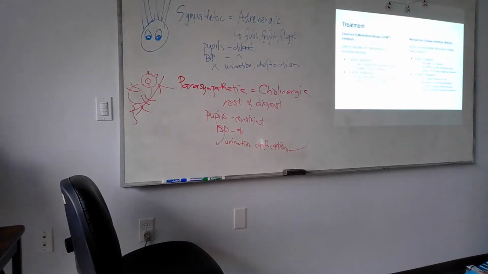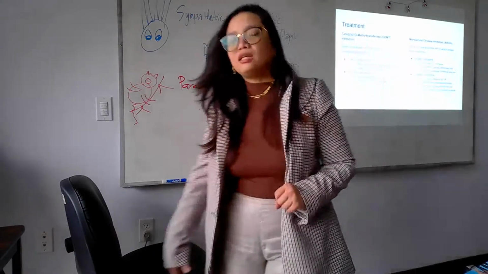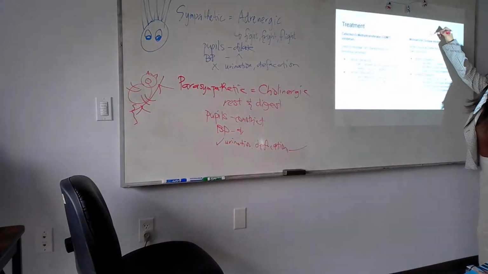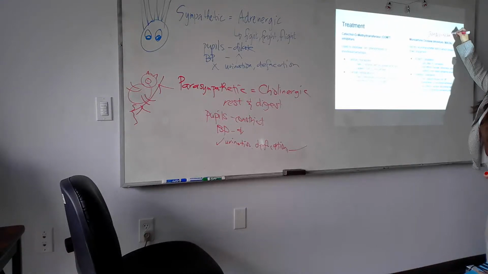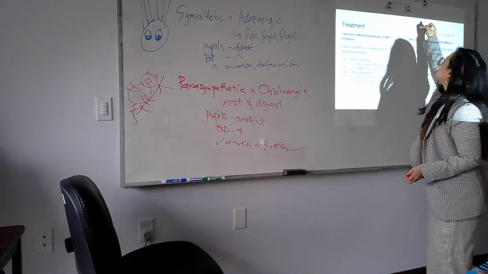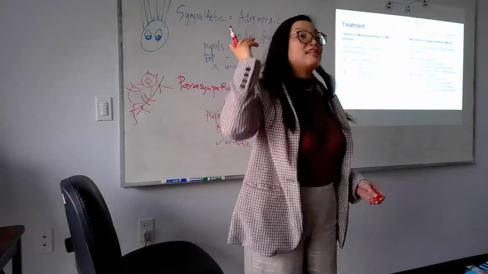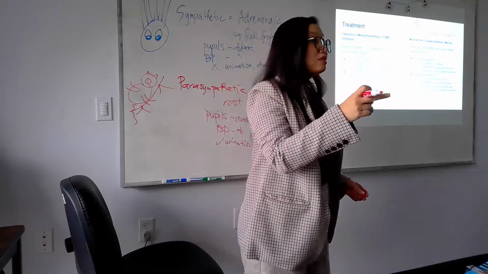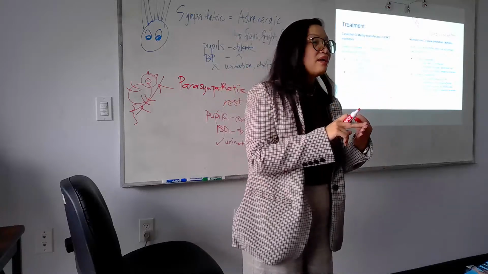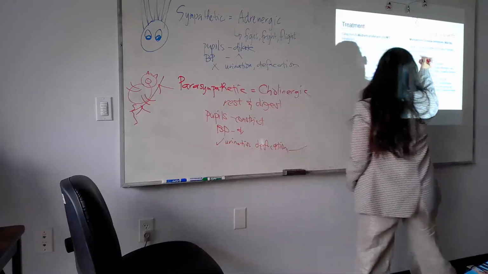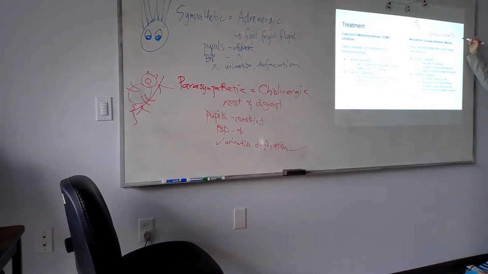This one is what we call our MAO inhibitors. Say monoamine oxidase inhibitors. These are also antidepressants that must not be given with alcohol or tyramine-rich food, which is beer, cheese, sauerkraut. So that's a common question on the board exams. Monoamine oxidase inhibitors, I call MAO inhibitors, should not be given with tyramine-rich food.